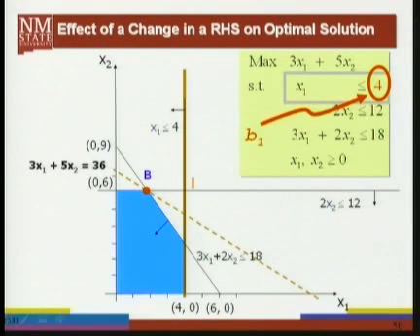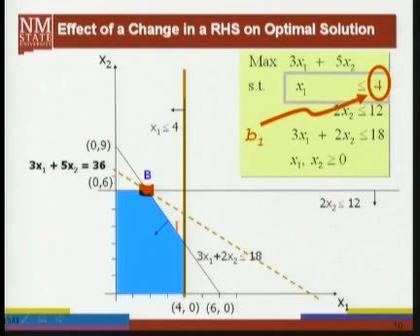And the change in B1 shifts the plant number 1 constraint parallel to its current position. And the current optimal solution at point B is where the plant number 2 and plant number 3 constraints are binding. Is that correct? At point B, plant number 2 and plant number 3 constraints are binding.